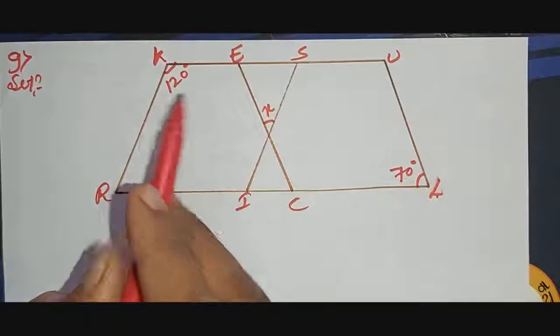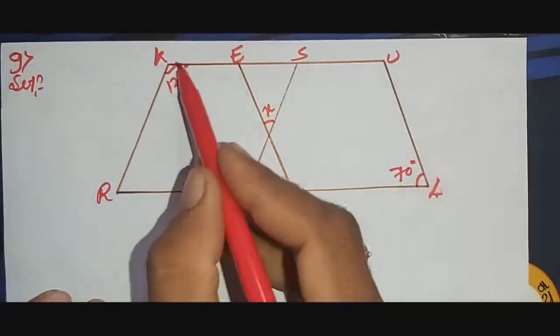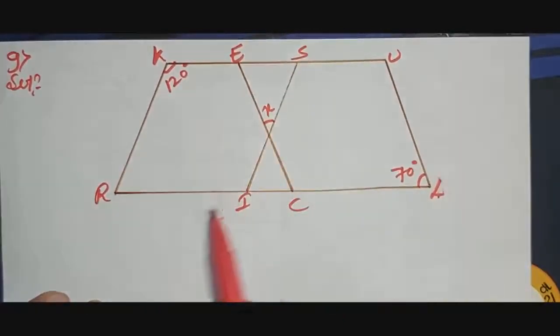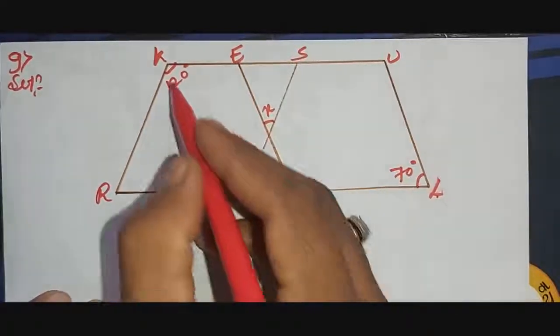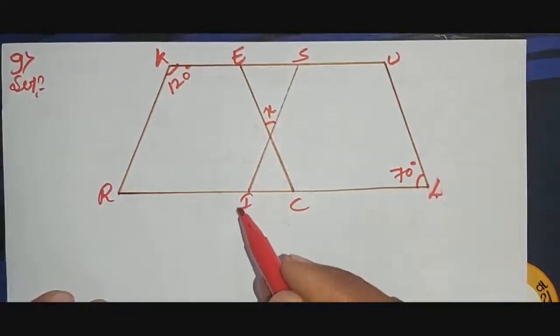Listen here. Angle RKS is equal to angle RIS, because opposite angles are equal in a parallelogram.